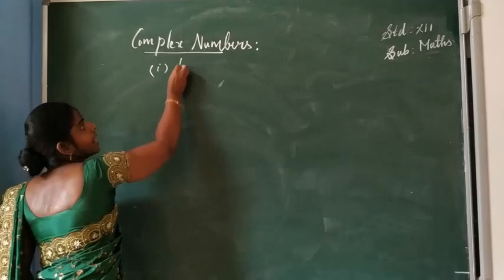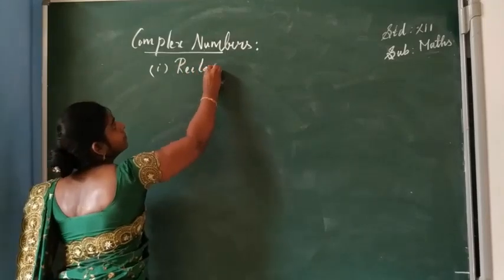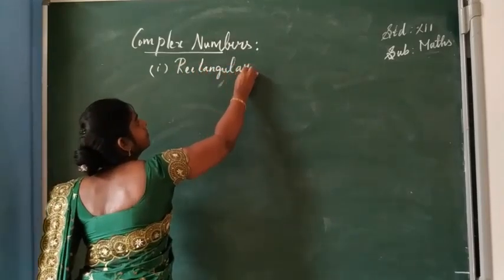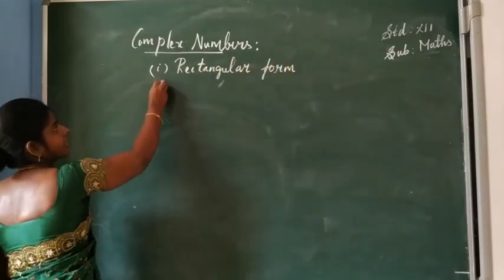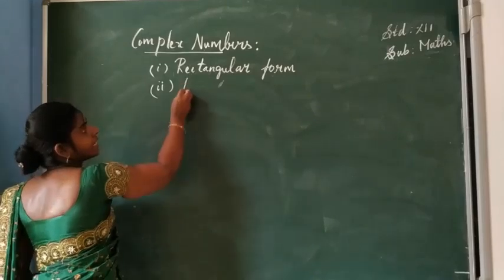First one is rectangular form. Second one is argand plane.